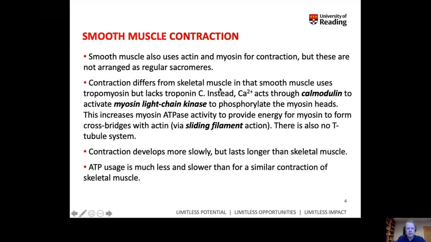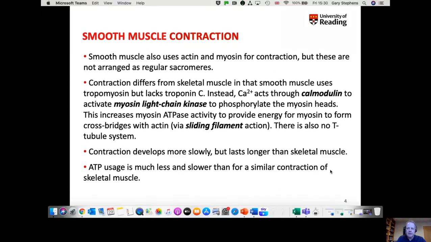Contraction differs from skeletal muscle and cardiac muscle in that smooth muscle uses tropomyosin but lacks troponin C, and instead it uses another calcium binding protein called calmodulin. Calmodulin activates what we call myosin light chain kinase, and this phosphorylates the myosin heads, again to act via the sliding filament system. There are no T tubules as we see in skeletal muscle and cardiac muscle.